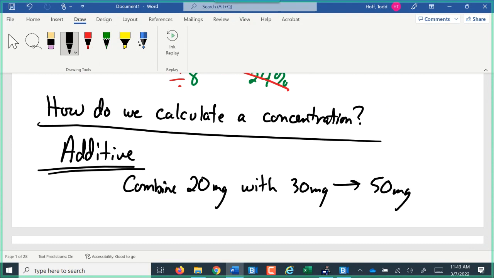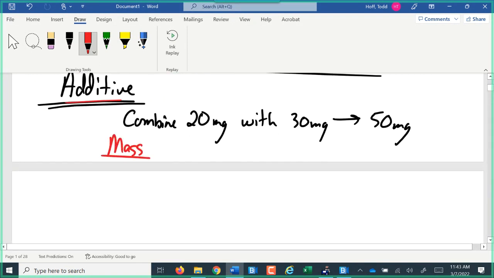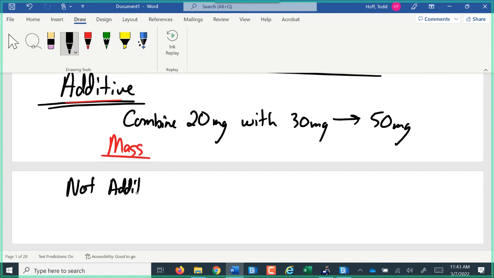Well, that is actually one thing that is additive, is mass. If I add two things together, the total mass of that mixture or solution is just the total of the two individual masses added together. But one thing that is not necessarily additive is volume.